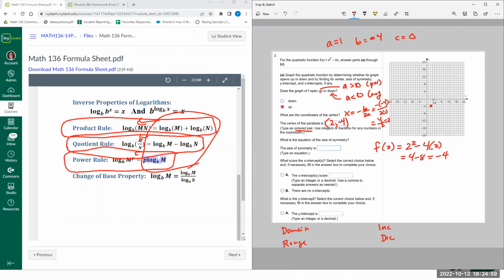Here at 2, -4. The axis of symmetry, since you're typing in an equation, is a vertical line, x equal to the x coordinate of the vertex. So the axis of symmetry is always going to be x equals the x coordinate of the vertex. For the x-intercepts, you always set the function equal to 0.